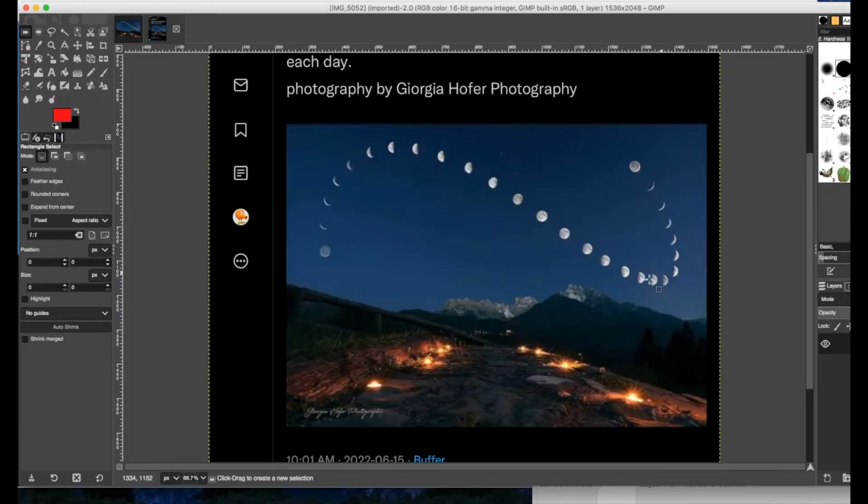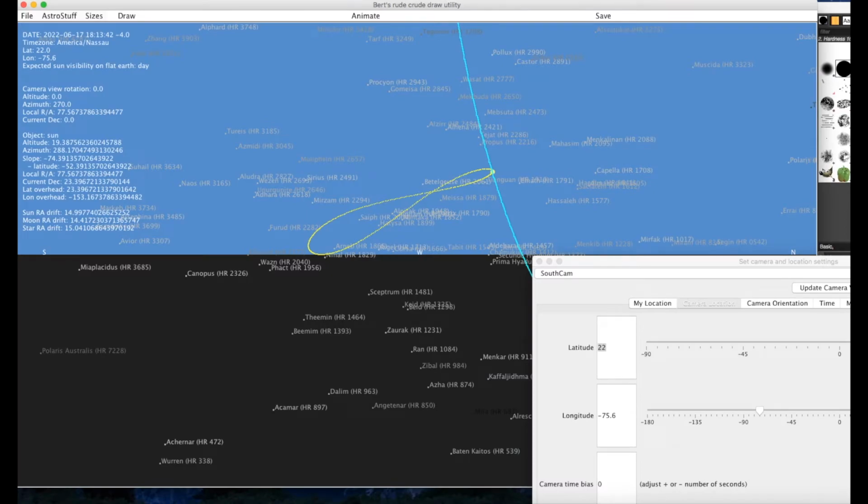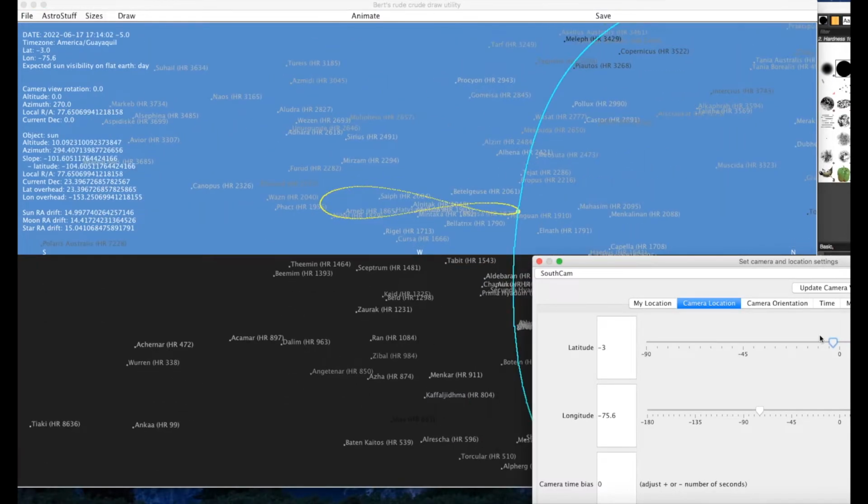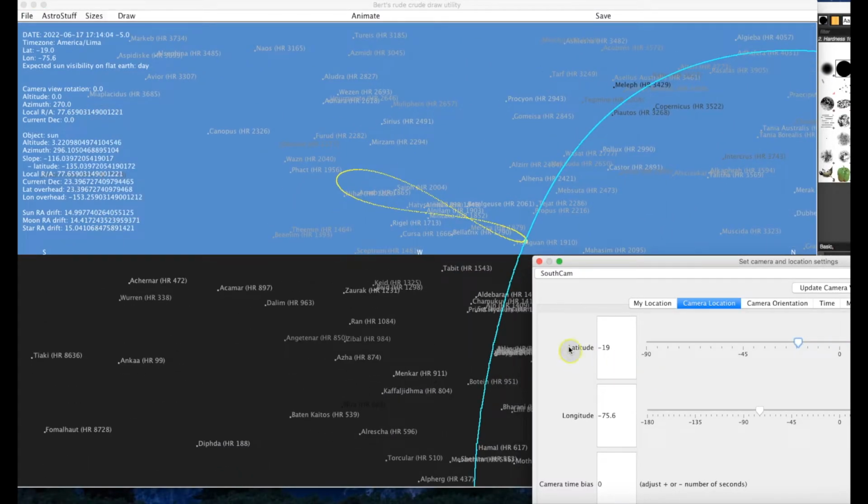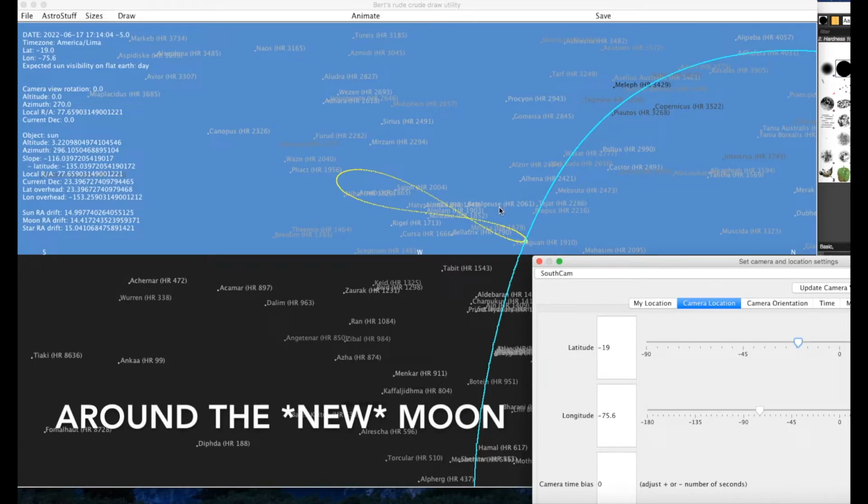Whereas over here, it's actually going up. This could also give it a little bit more credibility that it is somewhere maybe in the southern hemisphere looking west. And the images around the full moon might have been taken not quite at the right time, so it would have followed some kind of pattern like this.